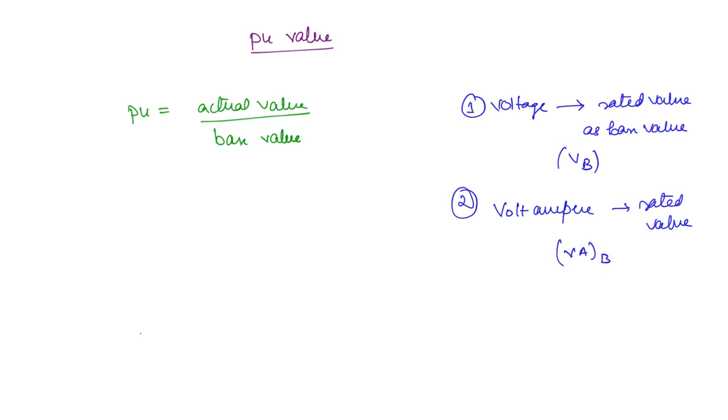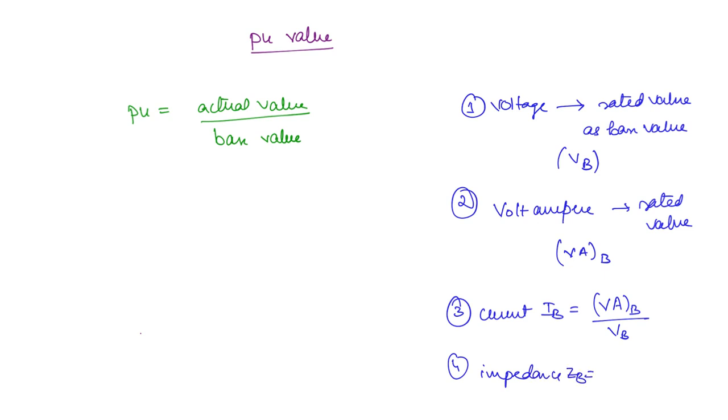Then the base values of other parameters we get from these two values. For example, current base value, how will you find out? IB is equal to the base value of volt amperes divided by the base value of voltage. And similarly, impedance, how you are going to get?